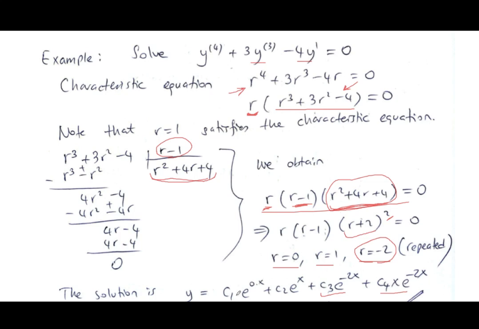So the first term here is to the power 0, that's just 1. So we have an arbitrary constant c1, and then we have e to the power x. And then for the third root, we have e to the power minus 2x. And then finally we have x times e to the power minus 2x. So this combined all together gives us the general solution for this problem.